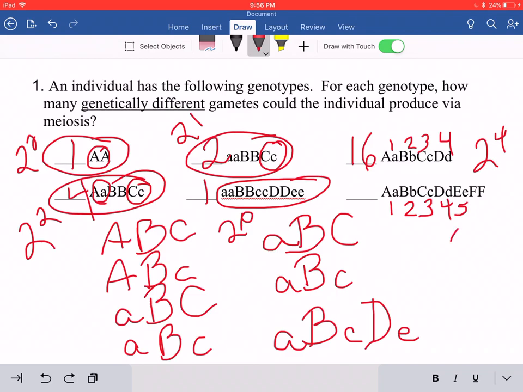So what we have is 2 to the 5, which is 32 genetically different gametes. Okay, so this is how we can figure out how many genetically different gametes that individual can produce. The key is to look at the number of loci that have the heterozygote condition.